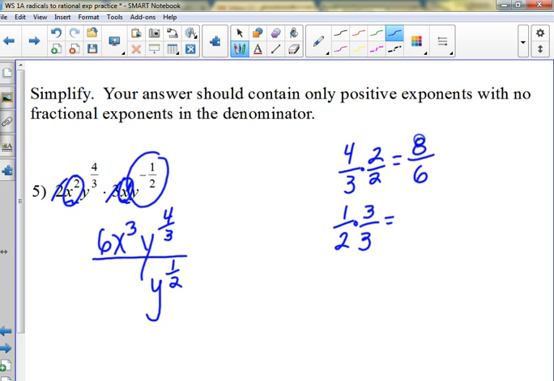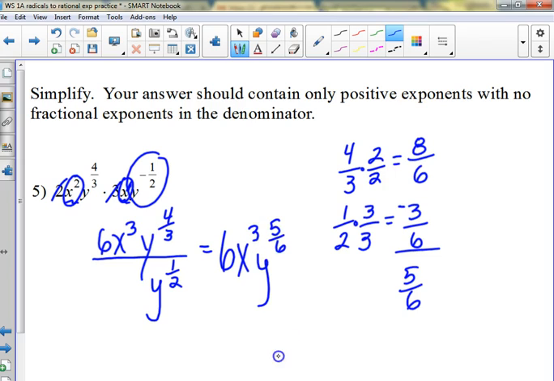Okay, so this is 8 over 6, and this is 3 over 6, and we're supposed to be subtracting. So we get what? So this simplifies to 6x cubed y to the 5/6. We could rewrite that as like the 6th root of y to the 5th, but it says we can have fractional exponents. We just can't have any in the denominator, and we got rid of the denominator. So, oh, happy day, we can be done, okay?